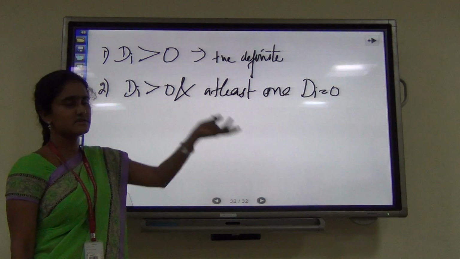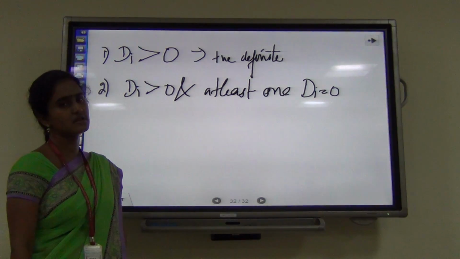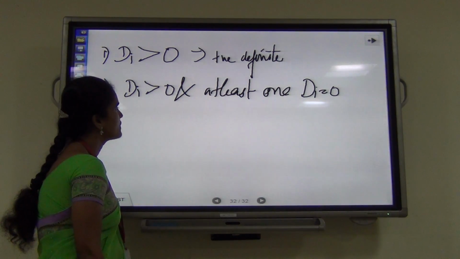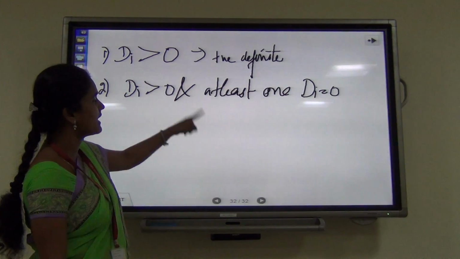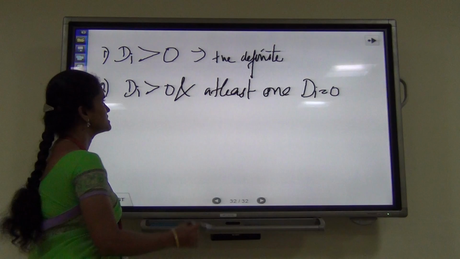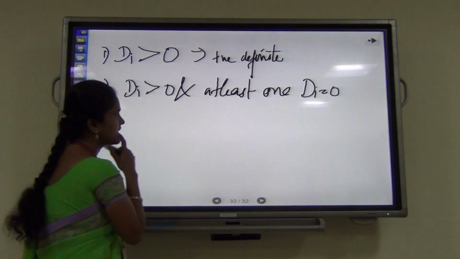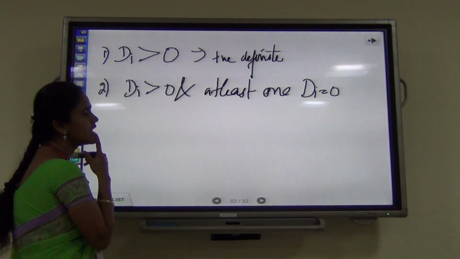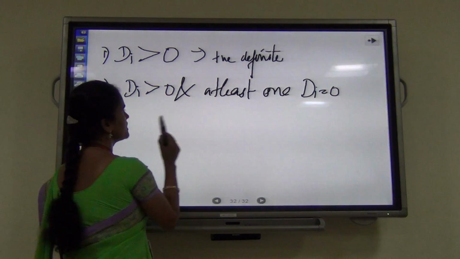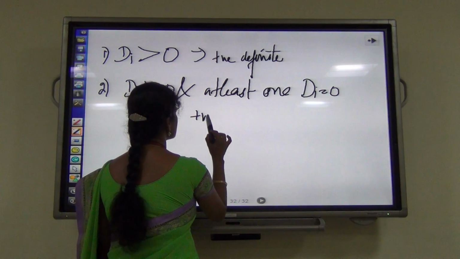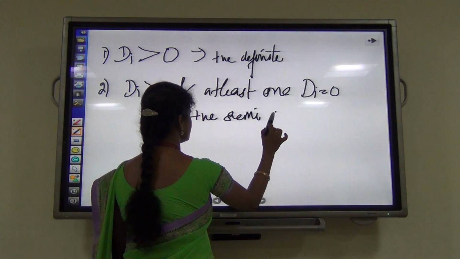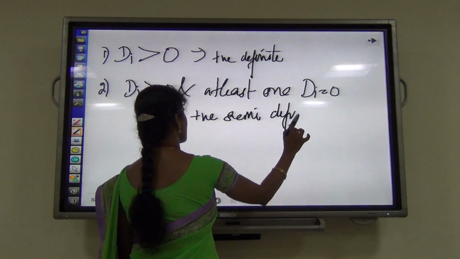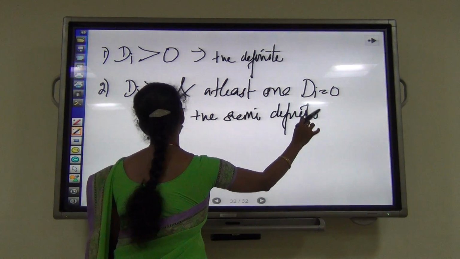In general, you can take it up to order n. So if all Di's are greater than 0 and at least one Di equals 0, the nature of the quadratic form will be positive semi-definite.